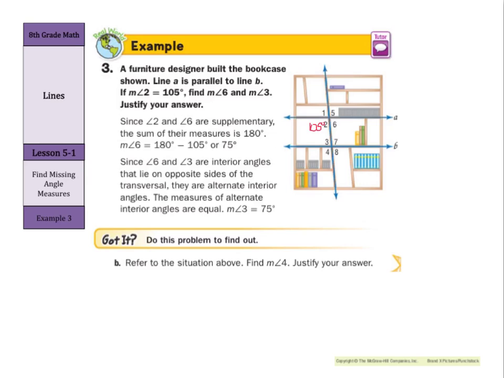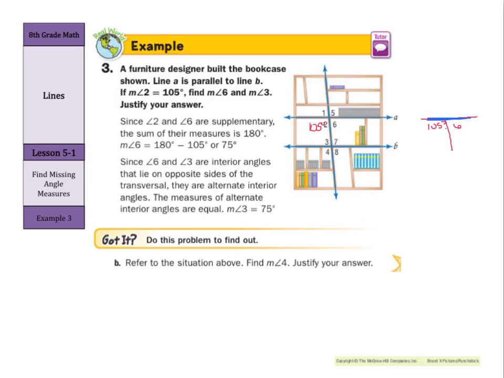Well, sometimes if it helps you, you can pull these out. You have line A, and you have angle 2 at 105 degrees, and here's angle 6. What relationship do those share? Well, they form that straight line together. So you could say they're supplementary, which they are.